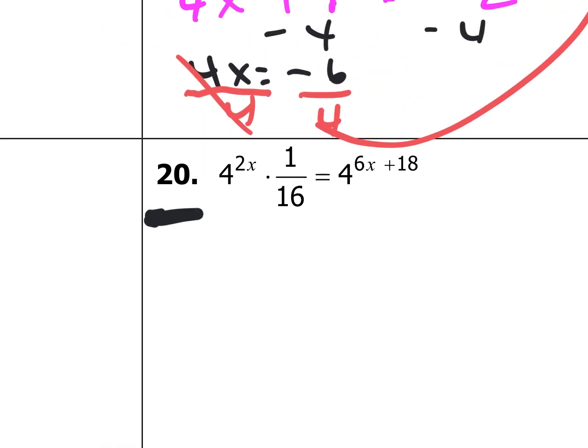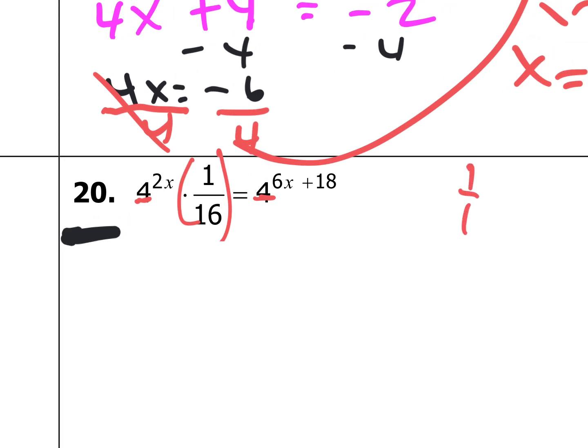So I see 4s and a 4. Is there a way to make 1 over 16 to have a base of a 4? 4 to the what is 16? Guys, I'm doing 1 over 16.